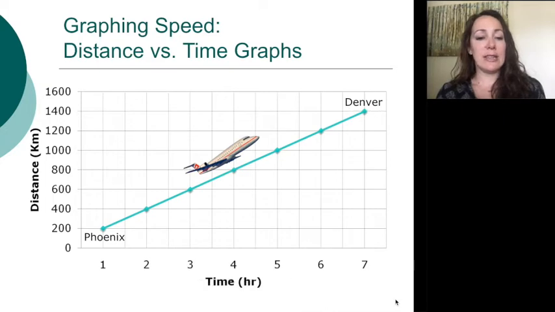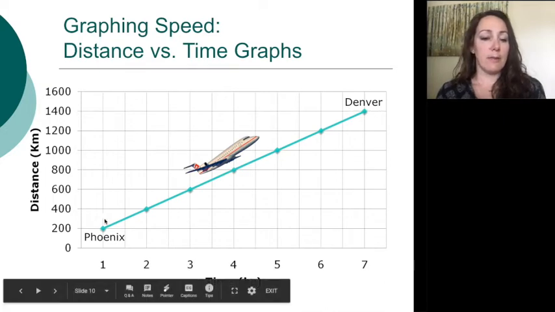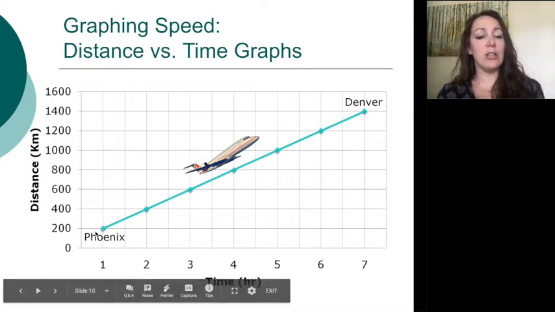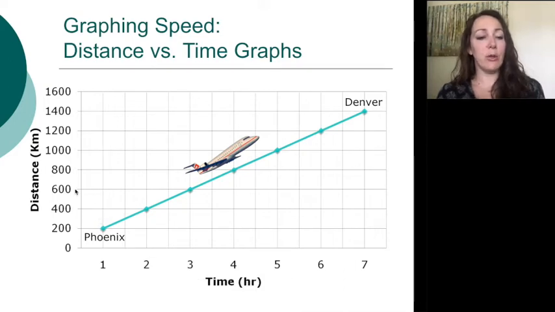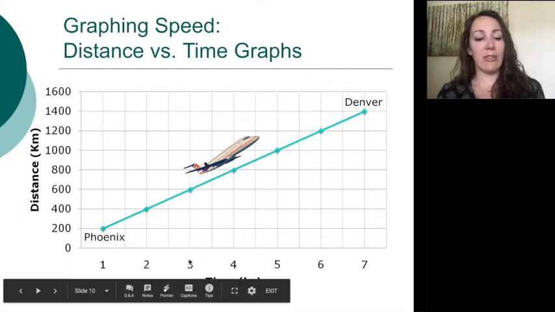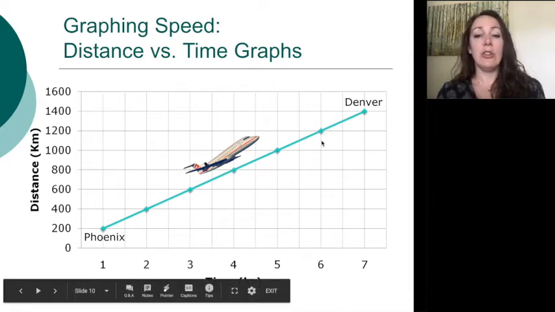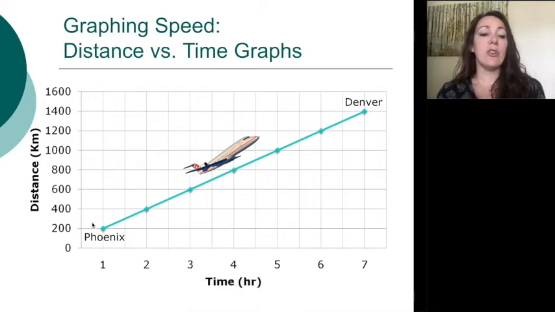So as we look at this, in hour 1, we traveled 200 kilometers. So 200 kilometers per hour. If we look at how fast we were going at 600 kilometers, 600 divided by 3, 200 kilometers per hour. 1,200 kilometers divided by 6 hours, 200 kilometers per hour. So this plane traveled at a constant speed over time.